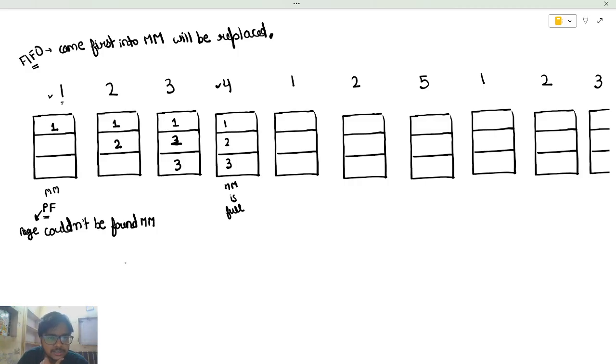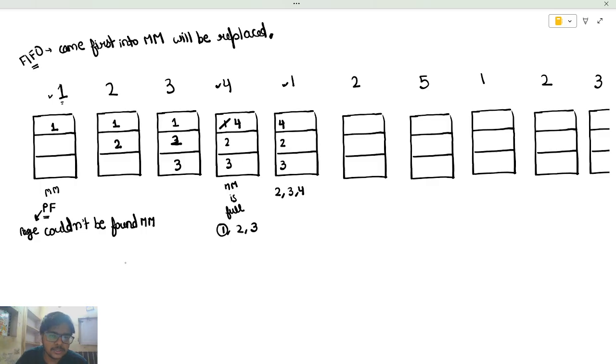Currently there are pages 1, 2, 3. The first page came first in the main memory, so it will be evicted and replaced by 4. Now what is the current scenario? 4, 2, 3. Now the CPU requested page number 1. Now there are choices 2, 3 and 4.